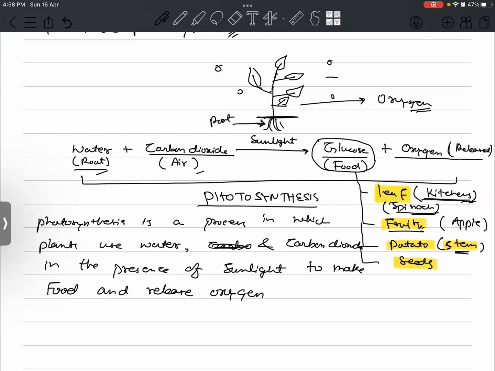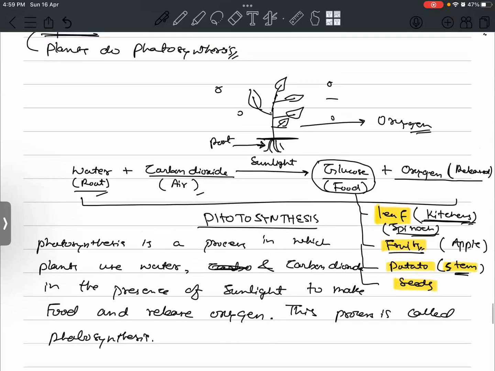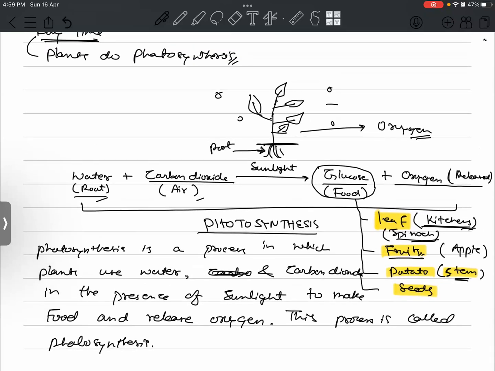The food is called glucose. This process is called photosynthesis. Okay, so I need you to learn the definition and learn this diagram.